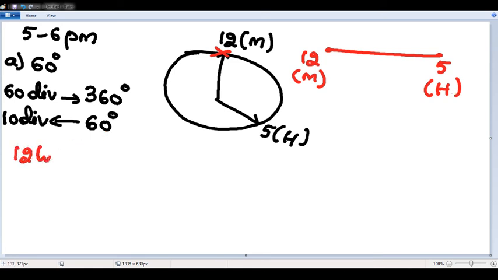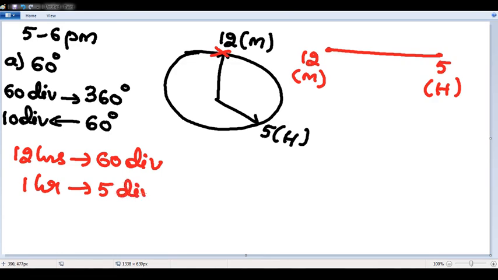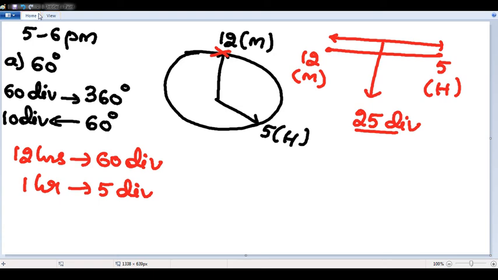12 hours is 60 divisions. 1 hour is 5 divisions. So 5 hours will be 25 divisions. Now see here, 25 divisions.